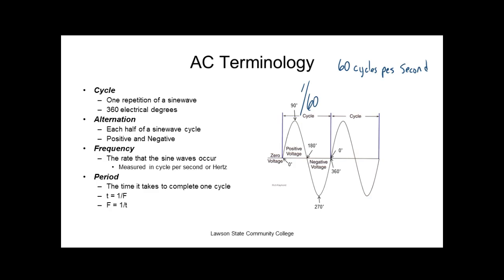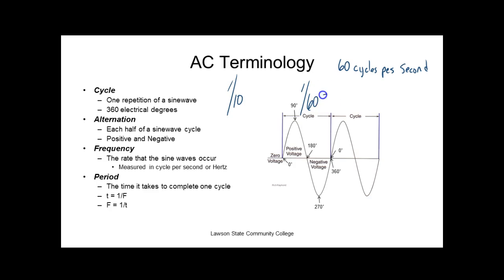So it's one over the frequency. 60 cycles in a second, right? Say I do 10 things in an hour. How long does it take me to do one thing? Well, it's going to take 1/10 of an hour, right? Does that make sense? Well, I'm doing 60 cycles in 1 second. So how long would one take? It would take 1/60th of a second.